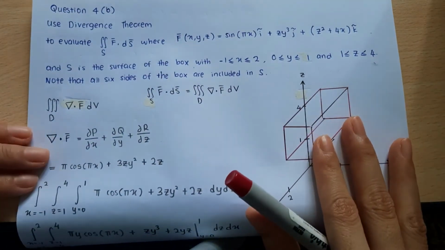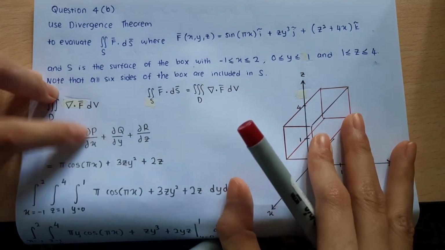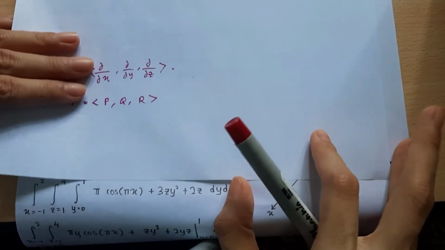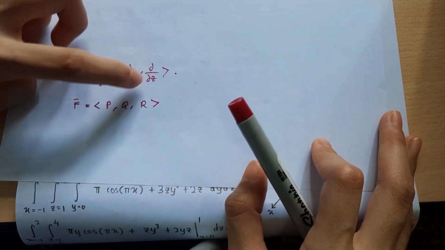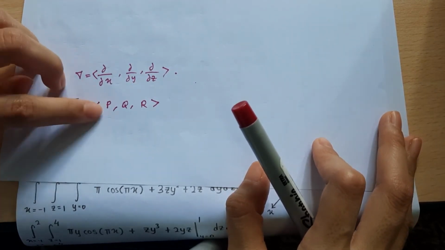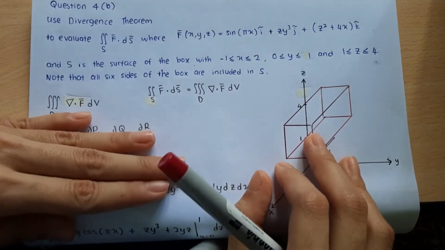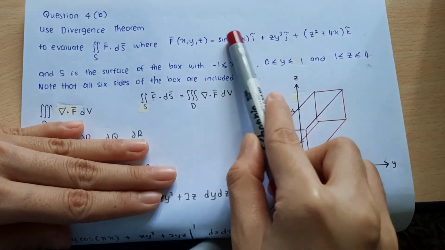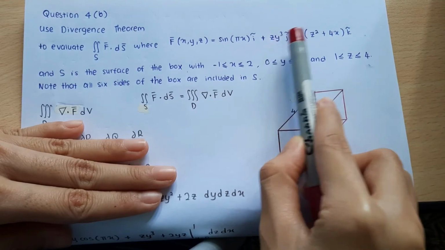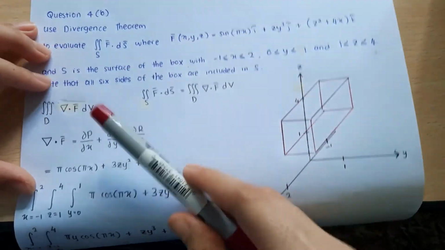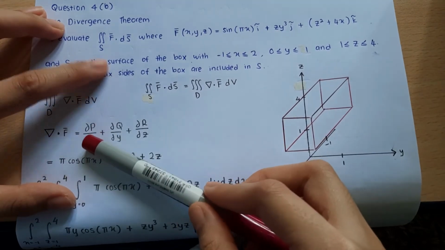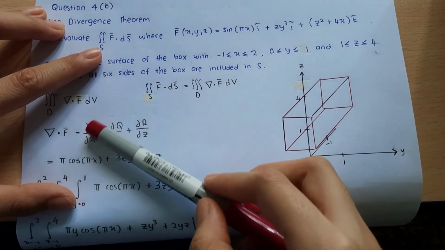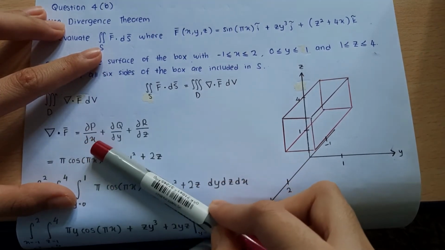Firstly, we get our del dot F like this, because we know that del is del x, del y and del z, and our F is P, Q, R. So in this question, we know that this is P, this is Q, and this is R. To get del dot F, we need to differentiate first del P with respect to x, del P over del x.